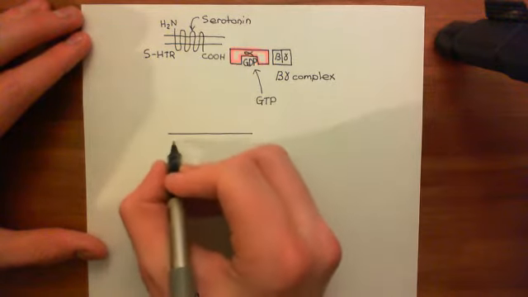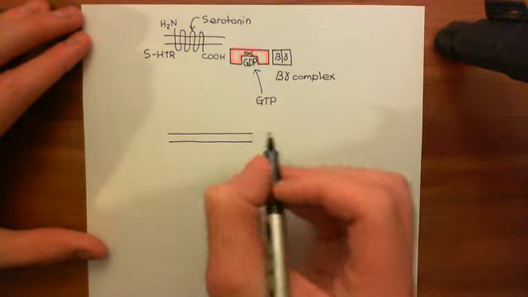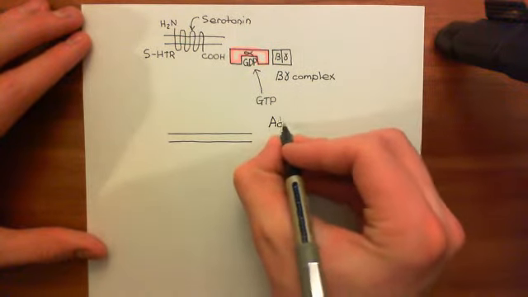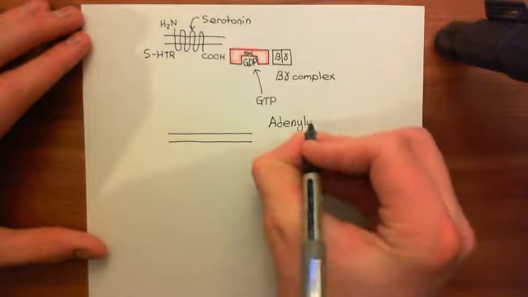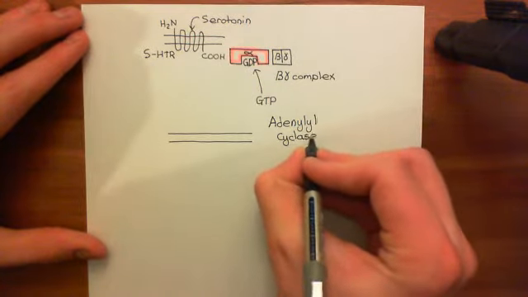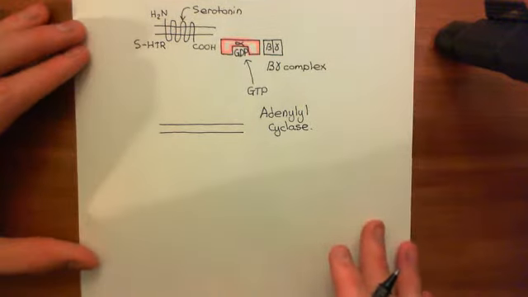Okay, so the next topic for us is adenylyl cyclase enzymes within Aplysia. Basically what we know is that there are 4 adenylyl cyclase enzymes within Aplysia.